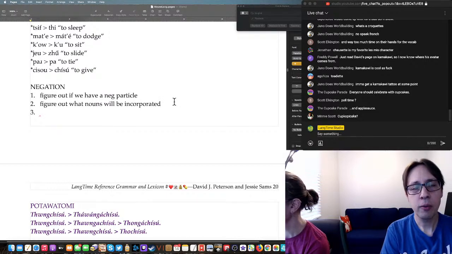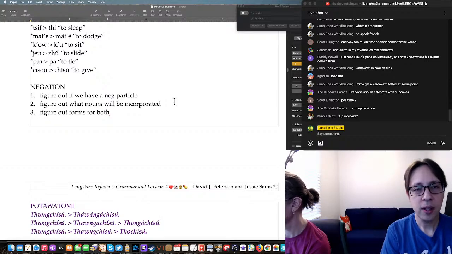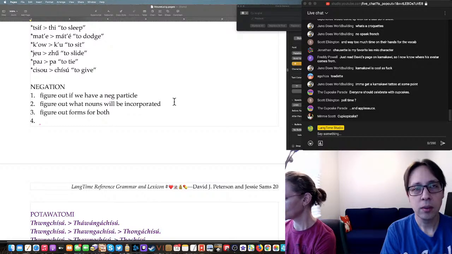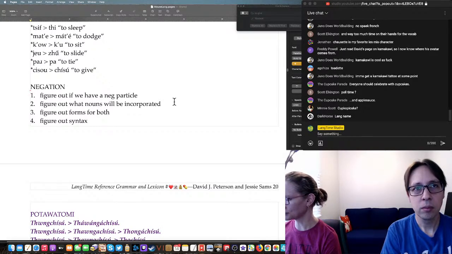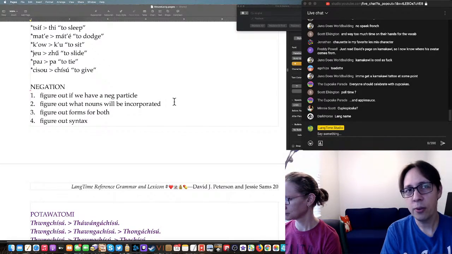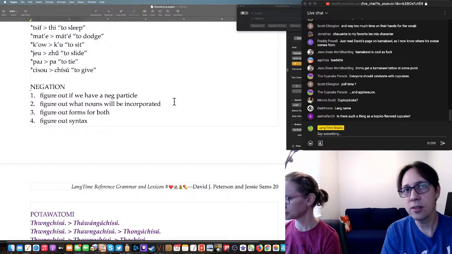Three, figure out forms. Four, figure out syntax. So really, I took forms and put them together. Do you want them to actually be separate? Figure out noun forms, figure out particle forms. I mean, realistically, they should be separated into 3A and 3B, but 3B may not exist depending on how we do item 1.